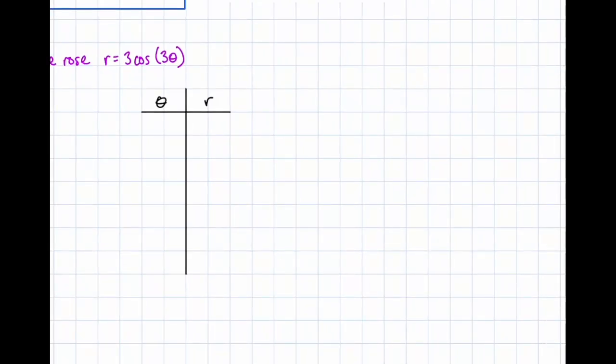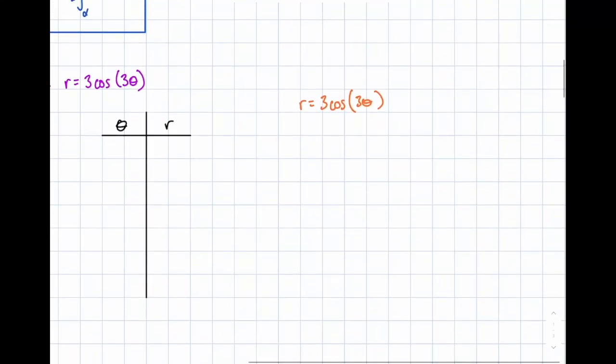If we have r equals 3 cosine 3 theta, the angles that I really liked with cosine, I really liked the cosine of 0 because that was 1. I really liked the cosine of pi over 3 because that was 1/2.